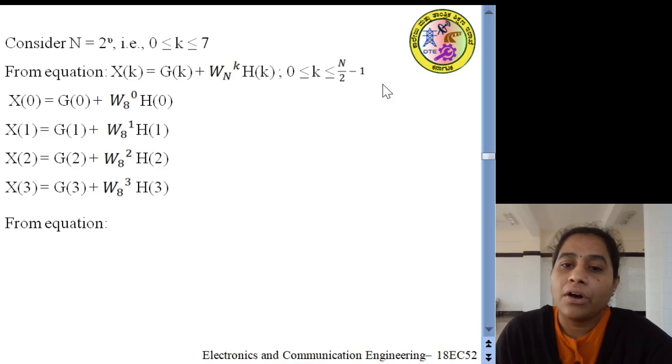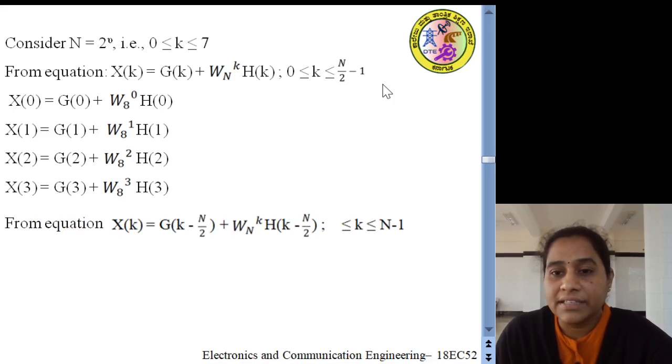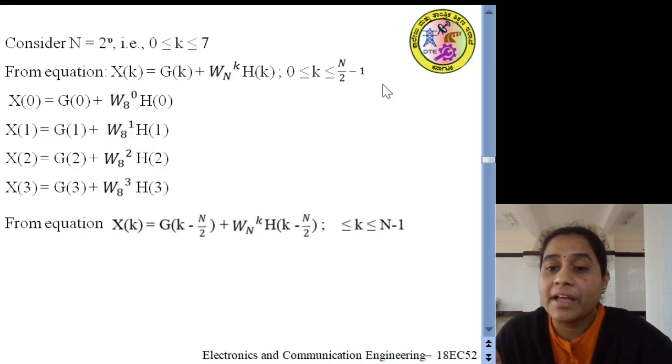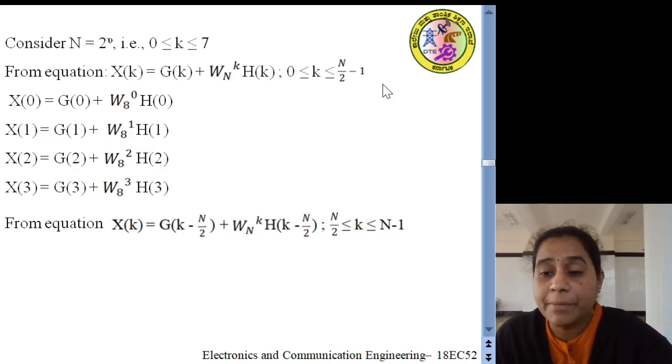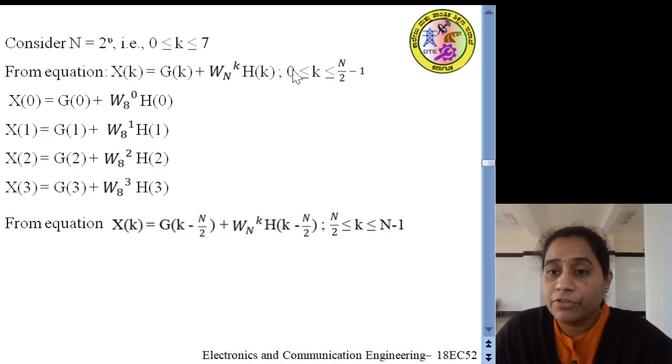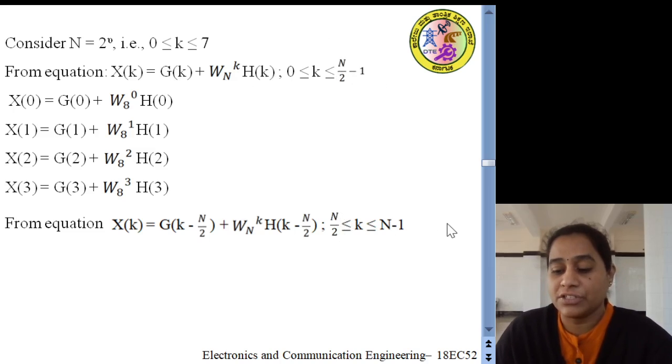So from the equation X(k) is equal to G(k minus N/2) plus W_N^k into H(k minus N/2), here is the second half, where k is varying from N/2 to N minus 1. We can observe here this is the first half, 0 to N/2 minus 1, and here it is N/2 to N minus 1.